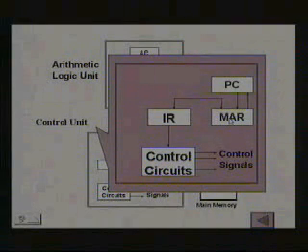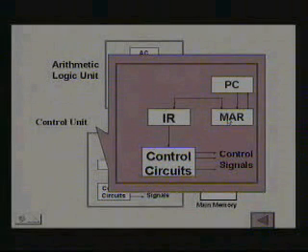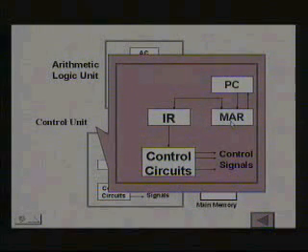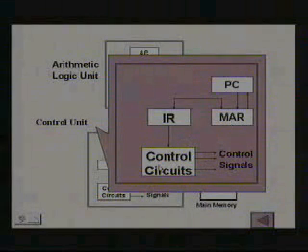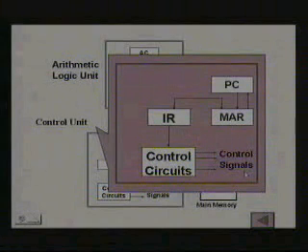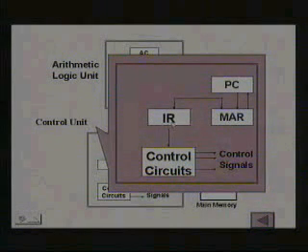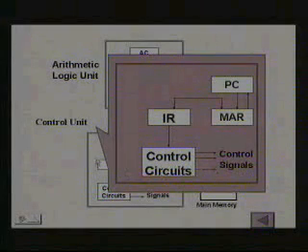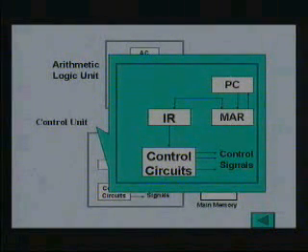That will be an instruction area if we are handling an instruction, or a data area if we are handling data. The control circuits will be responsible for issuing lots of control signals on getting various IR values, and these control signals actually will drive the whole arithmetic logic unit.